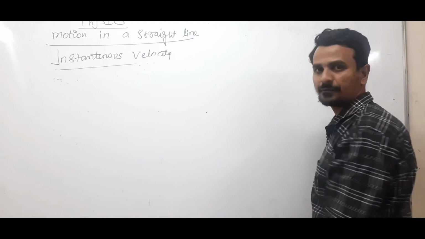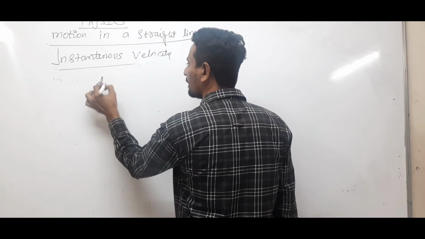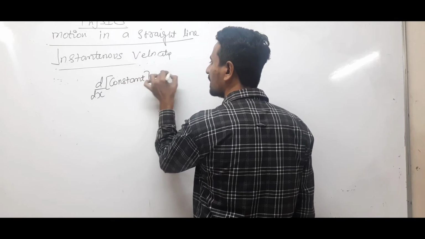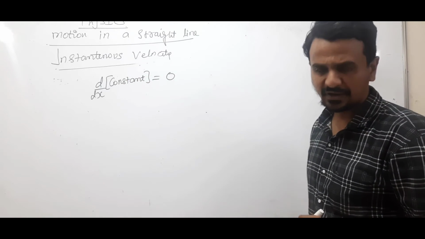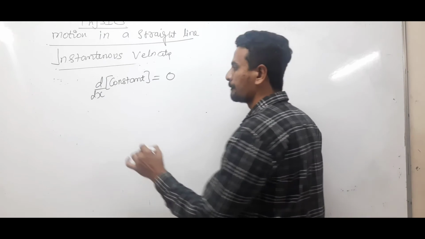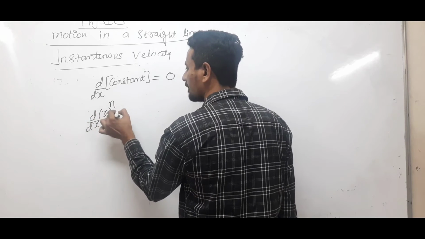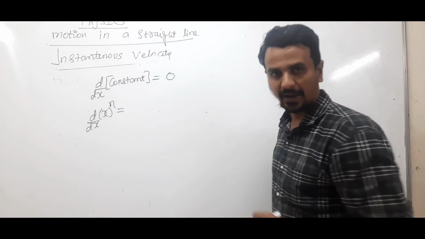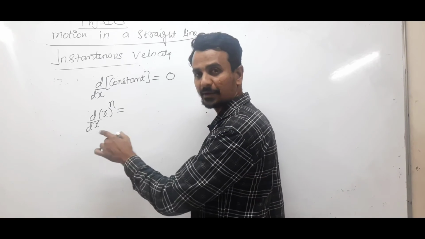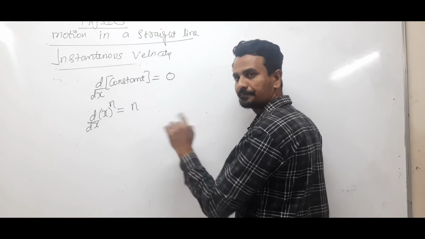Okay, see. But before going on to solving the sums of average and instantaneous, you just have to remember 2 to 3 formulas of differentiation. That means differentiation of any constant term will always be 0. Differentiation of only a constant will be 0. Differentiation of x raised to n, where n is 1, 2, 3, 4, 5 power: whatever the power is, it will come forward.